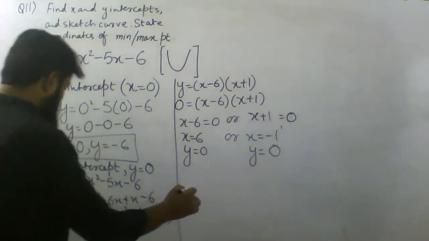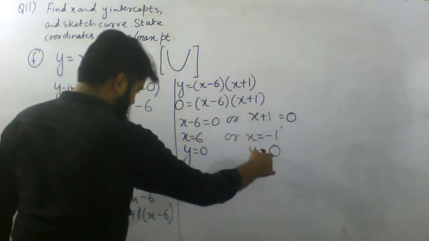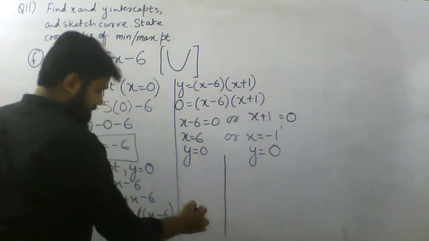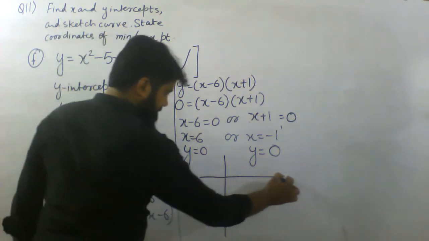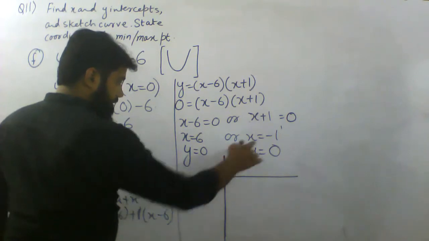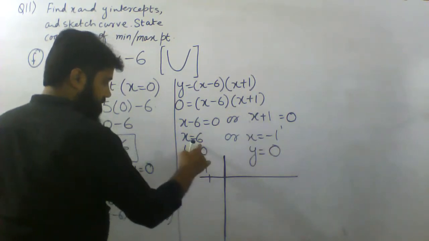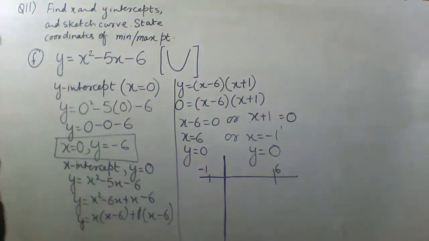So this is coming 0 and minus 6. 6, 0 and minus 1, 0. Minus 1 when y is 0. 6.